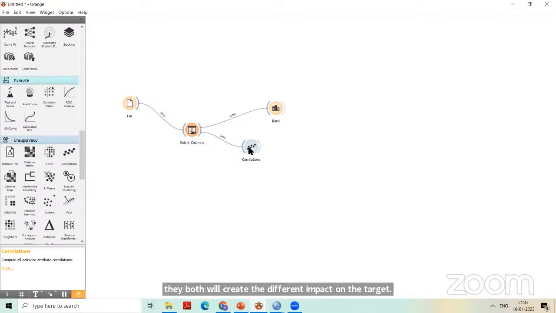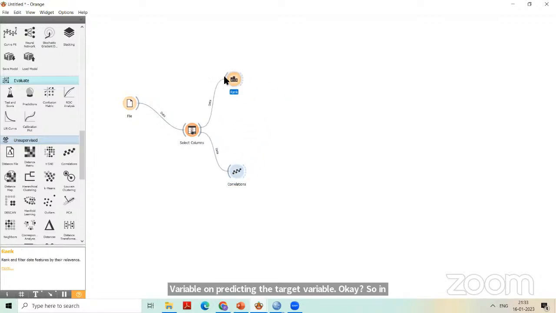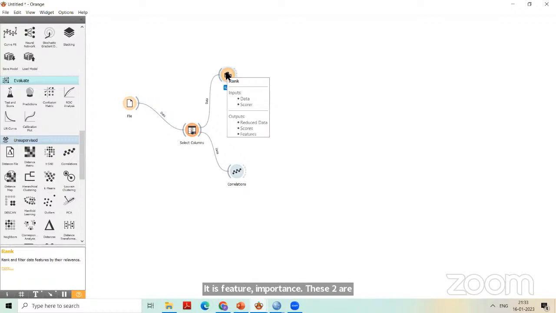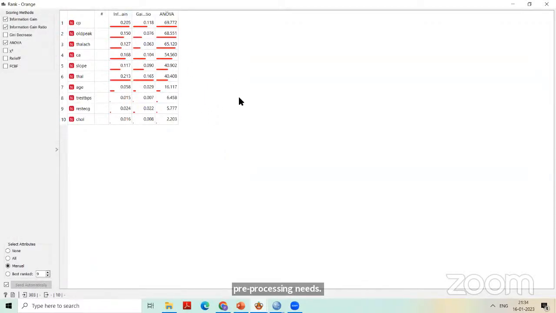Okay, so in this way, correlation and the ANOVA test that we have done, hypothesis ANOVA, that is feature importance. These two are pre-processing steps in case of machine learning algorithms. Before applying any machine learning algorithm, you have to first do the pre-processing of the data. Pre-processing means you have to select the features using feature importance techniques.